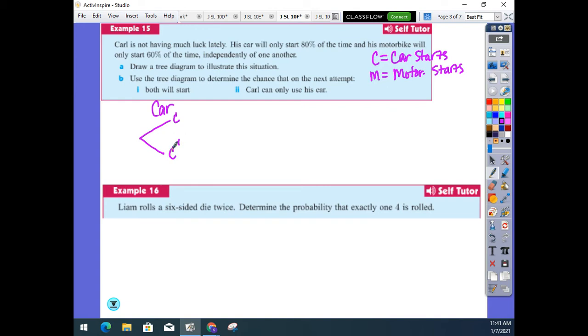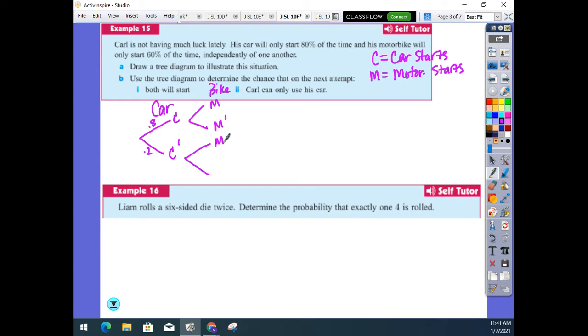If his car starts 80% of the time, the probability is 0.8. So the probability it would not start, remember complementary events always equal 1, would be 0.2. Because you're in a tree diagram, your branches always have to add up to 1. Then from here, we're also going to look at the bike. M starts or M does not start. We're also looking at what if the car does not start.